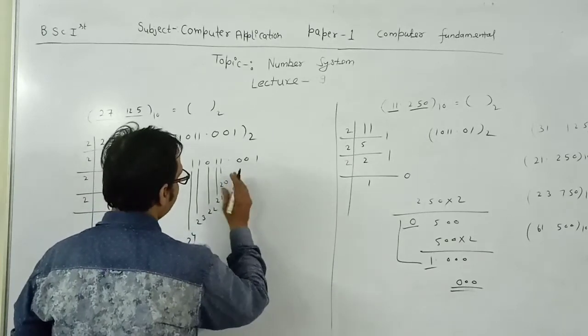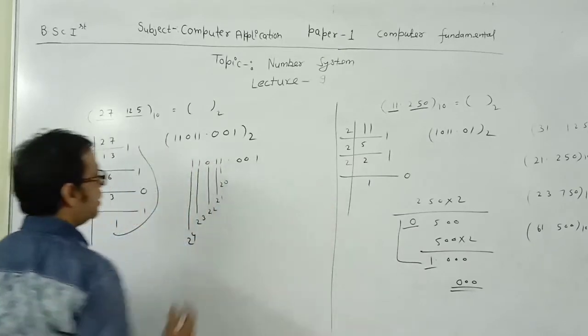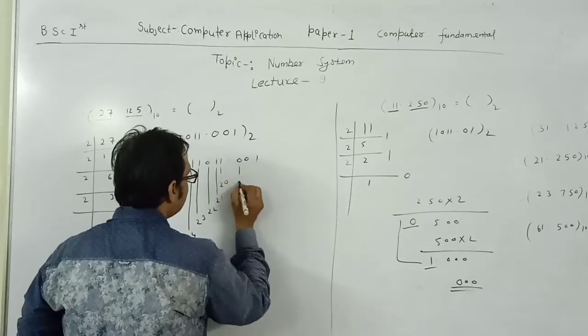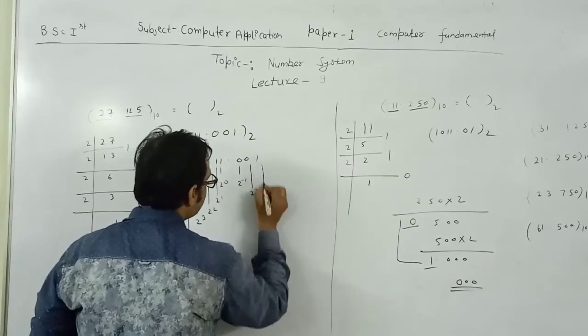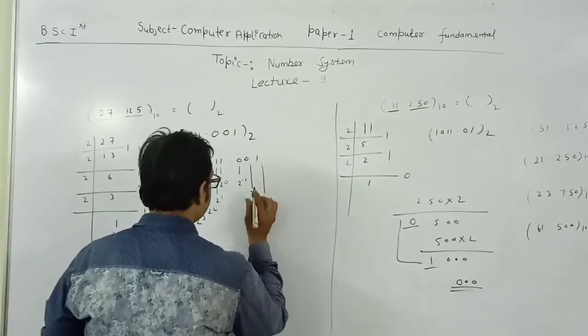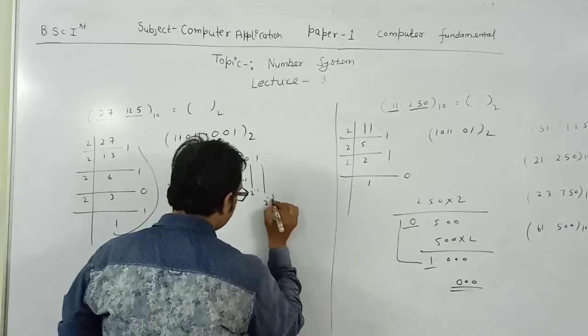Now, when you go from the point to the right side, the place values start with 2 power minus 1, 2 power minus 2, and 2 power minus 3.